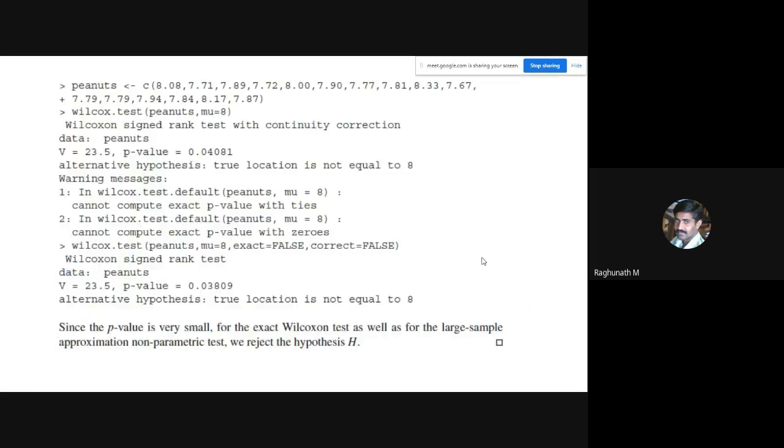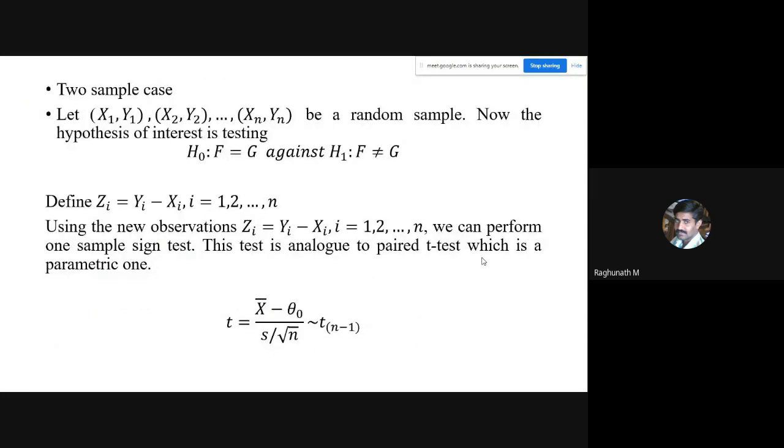Alpha is the level of significance, where you are rejecting a true hypothesis. I know the sample has come from the same population, but still I am rejecting. That means I am committing an error, called the type 1 error. The type 1 error and type 2 error you can understand later on.